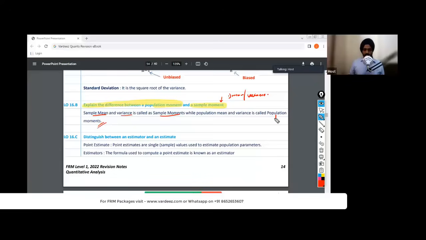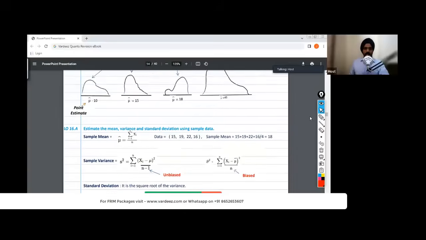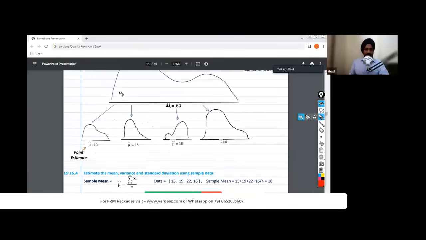So in order to find the population mean, all you have to do is a simple average. If this is my entire population, I take the sum of all the observations x1, x2, x3, and so on and so forth, and divide by the number of observations that I have. Simple arithmetic, pure mean.